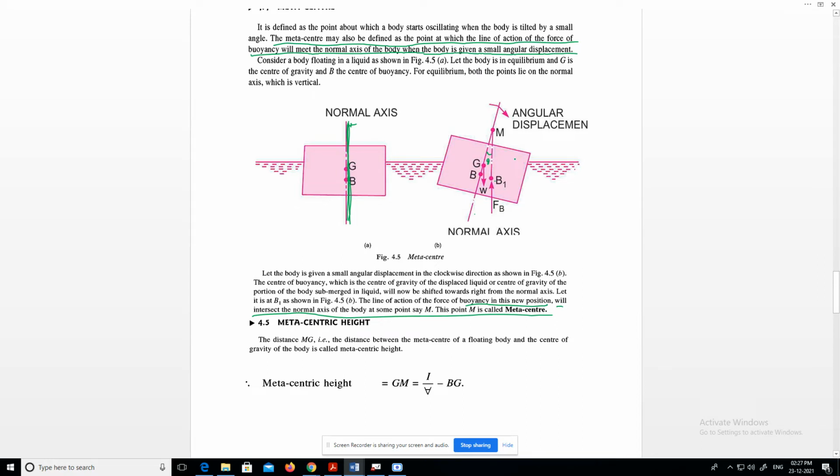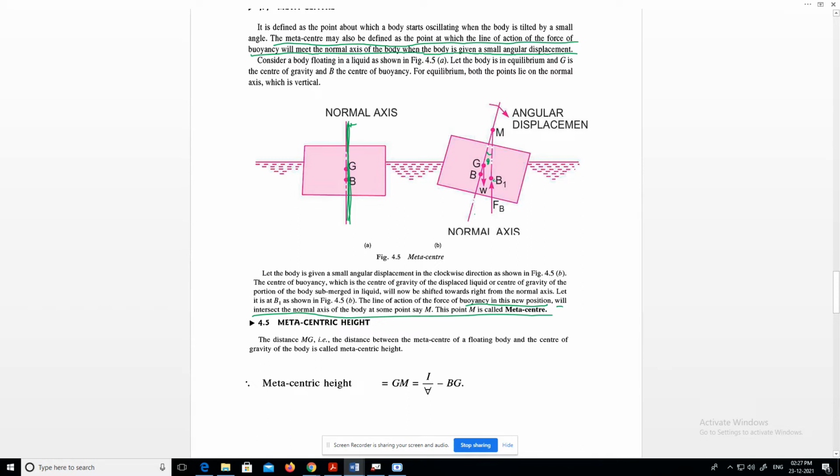The buoyancy force depends only on the displaced volume of the liquid, so the center of buoyancy is the centroid of the displaced liquid. That's why the point changes continuously while the body oscillates.